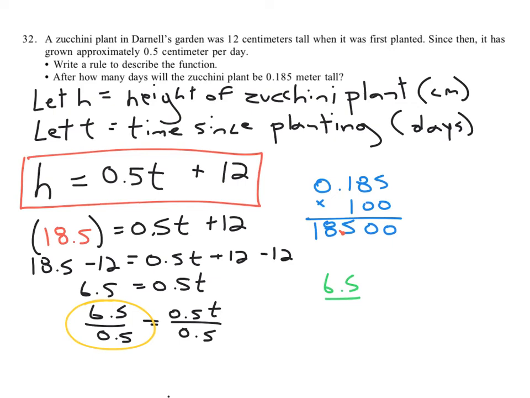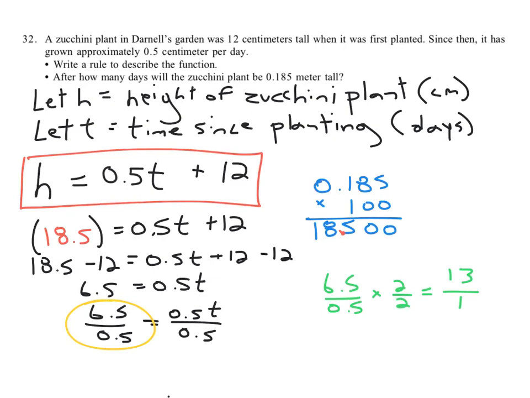I know that if I multiply this by 2 over 2, that's a form of 1. We're allowed to multiply by 1 and not change it. And what do I get on the bottom? Half times 2 is 1. And on the top I get 13. 13 over 1 is equal to 13.